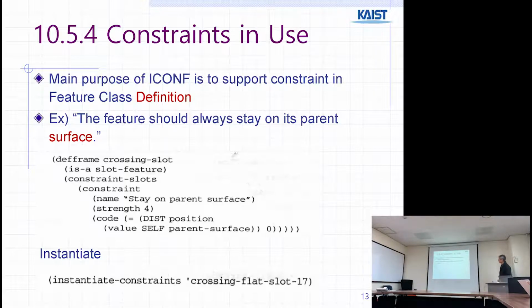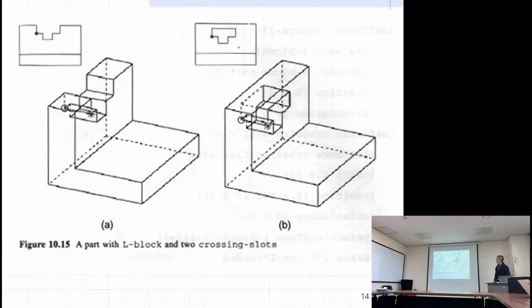The main purpose of ICONF, the constraint manipulation software, is to support constraint and feature classification. And the feature should always stay on its parent surface. This is shown in these pictures. There is a part with an L-block, and then two crossing slots: a big slot and another small but deeper slot, contacting each other.